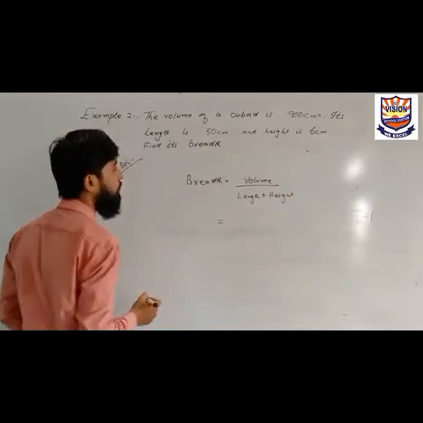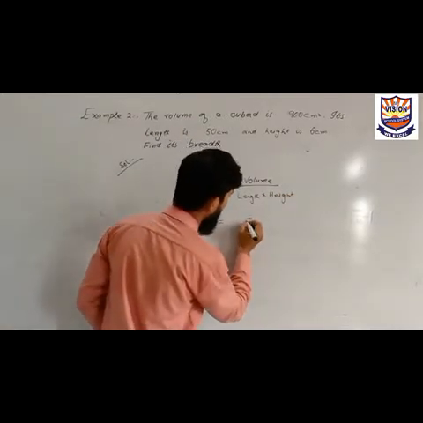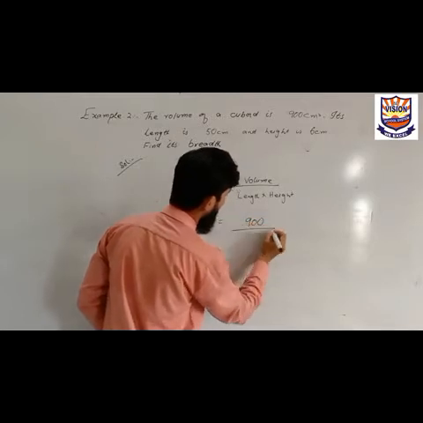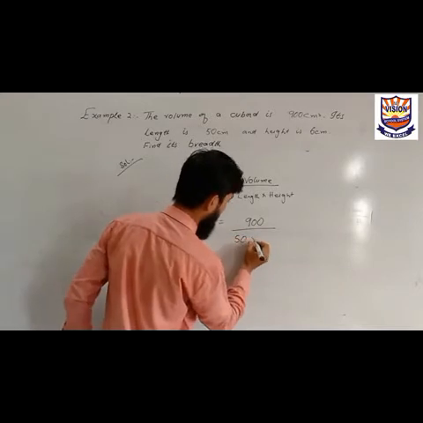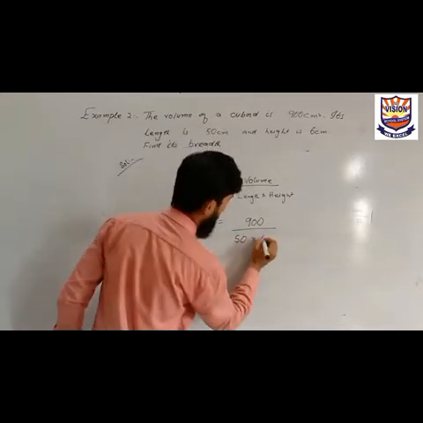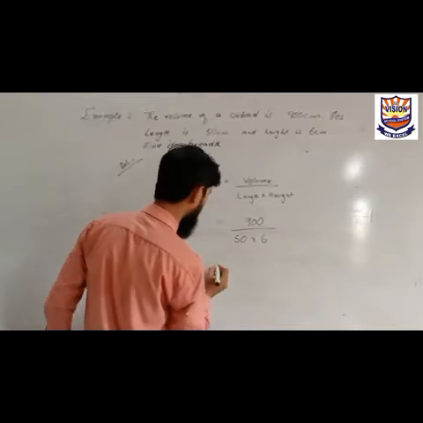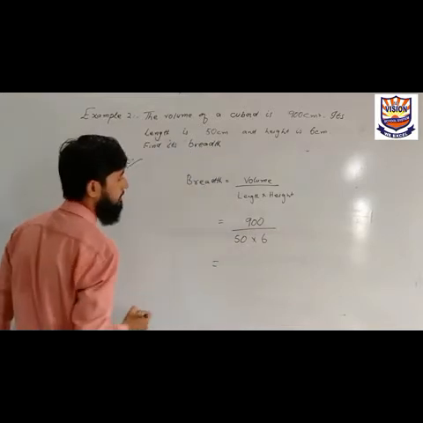The volume of a cuboid is 900 cubic centimeters. Its length is 50 centimeter and the height is 6 centimeter. Now we can easily find its breadth.